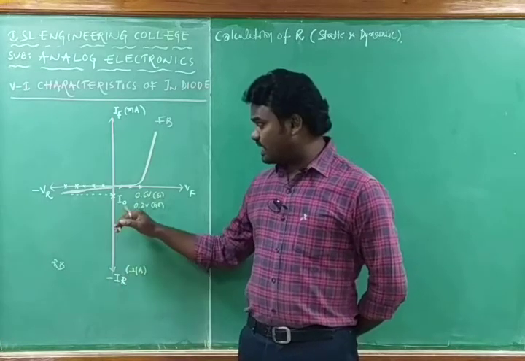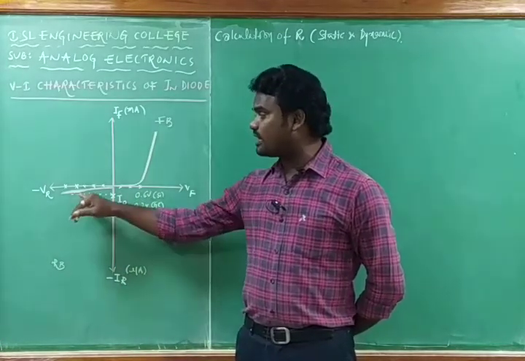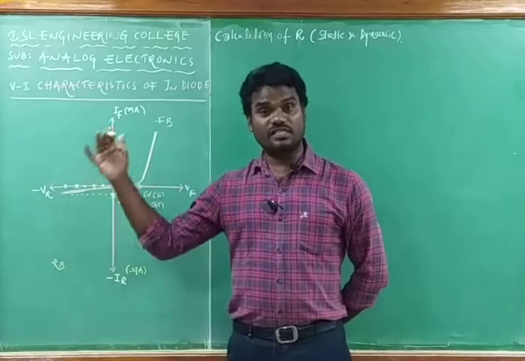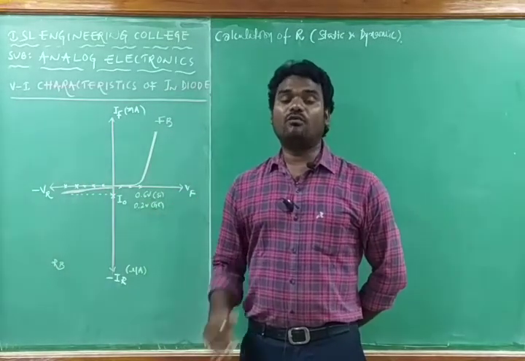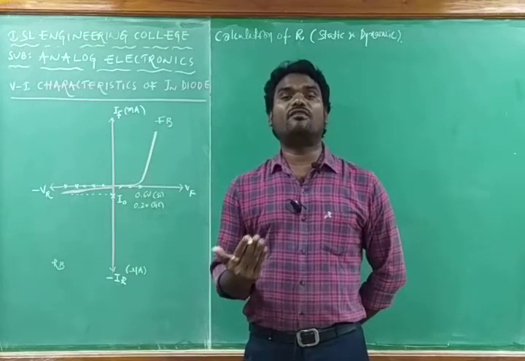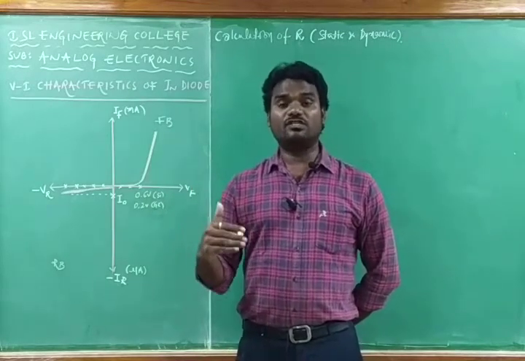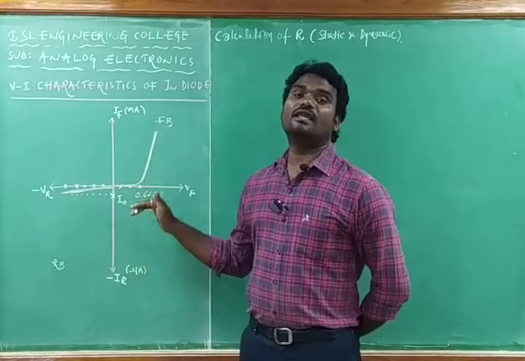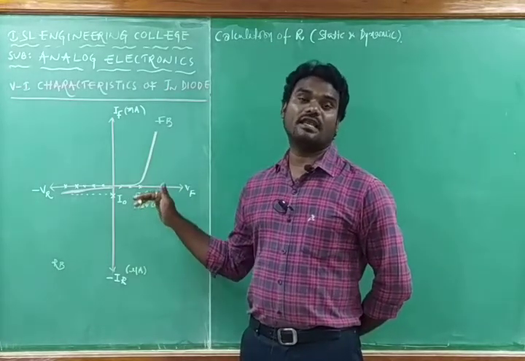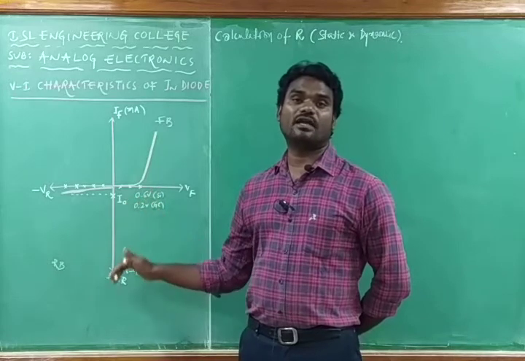We get this microamps of current at some 6 volts, 7 volts of applied voltage. When the voltage across the PN junction diode in reverse bias is about 6 or 7 volts, it gives a leakage current in terms of microamps.